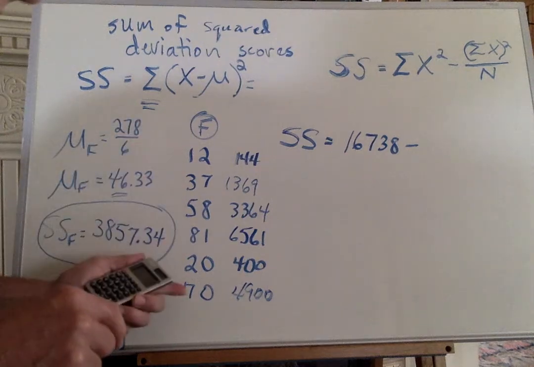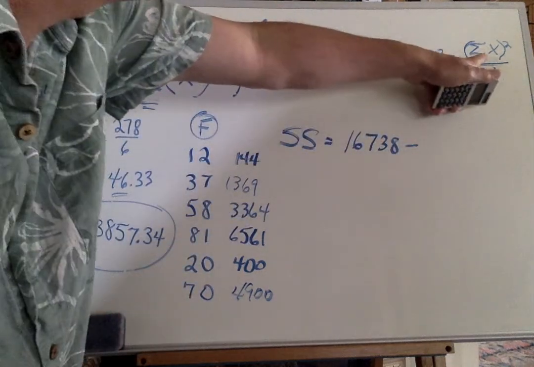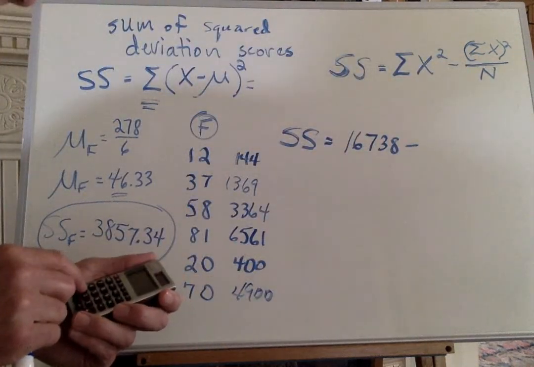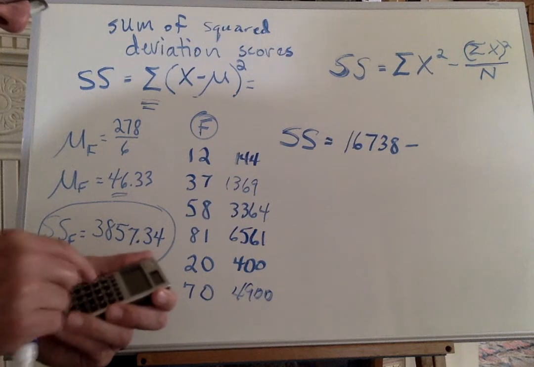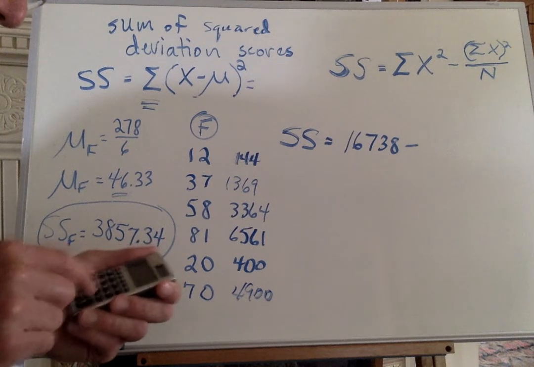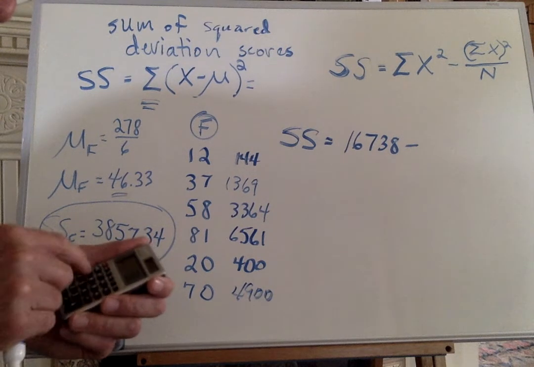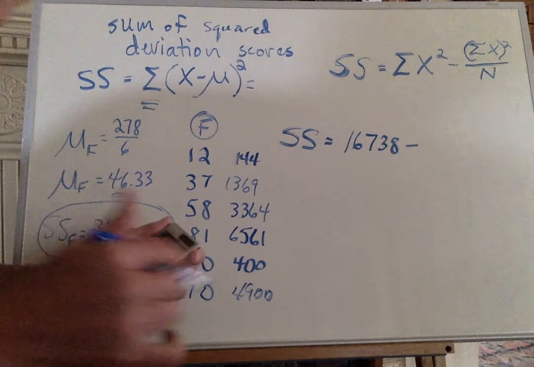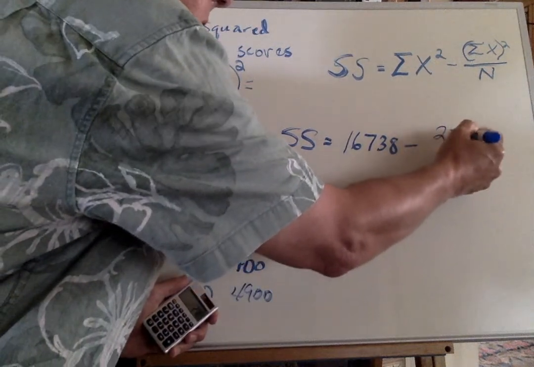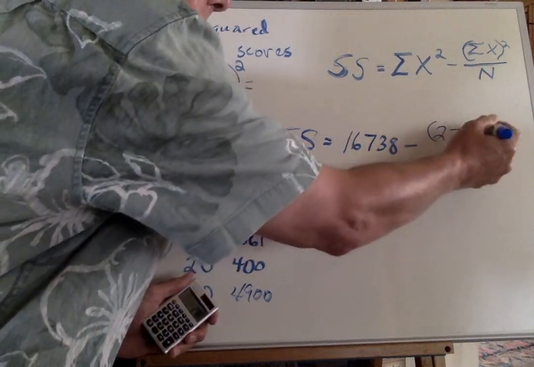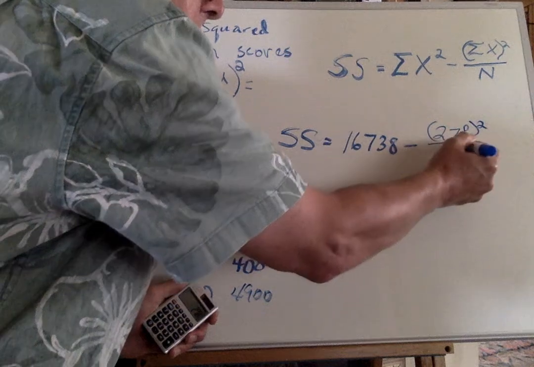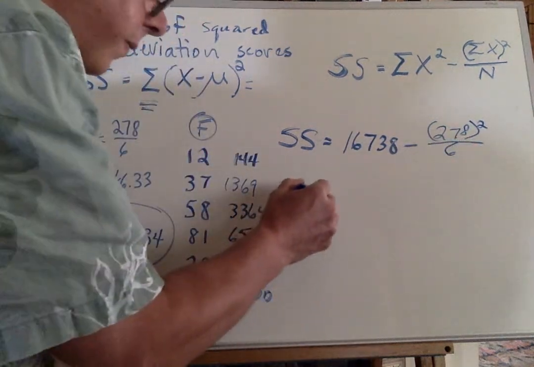now we're going to add all these numbers together. That's what this is. Do the inside parentheses first. 12 plus 37 plus 58 plus 81 plus 20 plus 70 equals 278, squared, divided by 6.